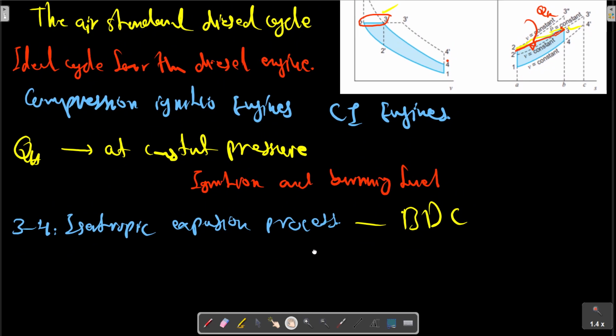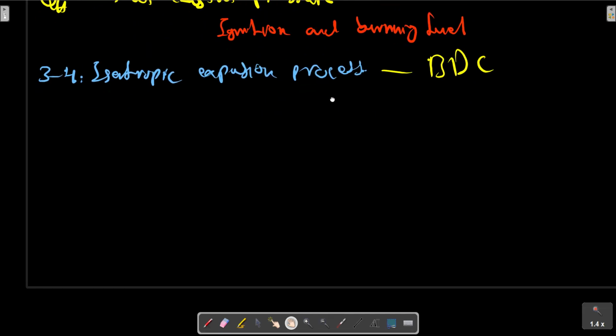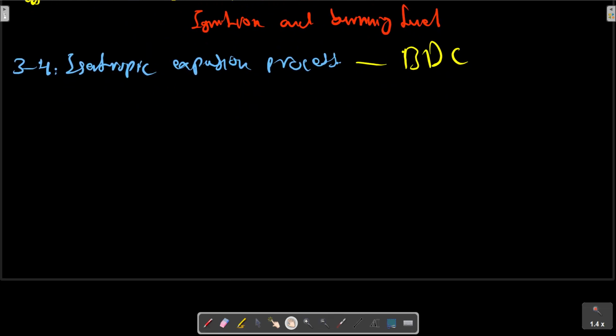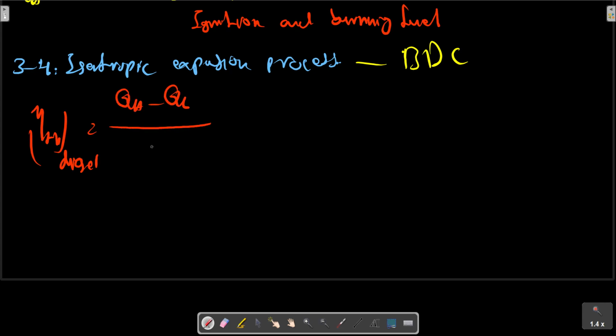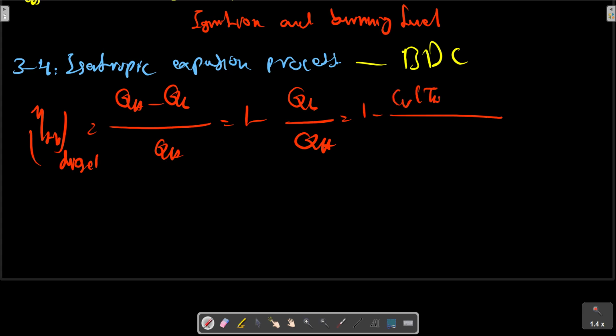The efficiency of the cycle is given with this relation. Eta equals 1 minus QL over QH, where we have QL in a constant volume process and QH is a constant pressure process.